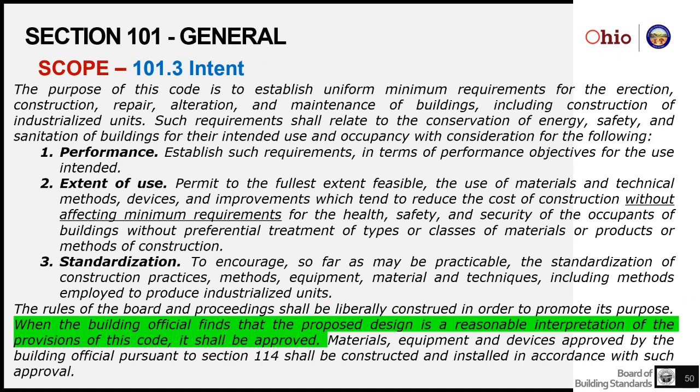So if you are a building official, you're going to be the one that interprets what the rules say are the minimum requirements. And if that owner's proposed design meets those requirements in a reasonable fashion, then you must approve that design. You may not agree with it, but if it's a reasonable interpretation, you must approve it.